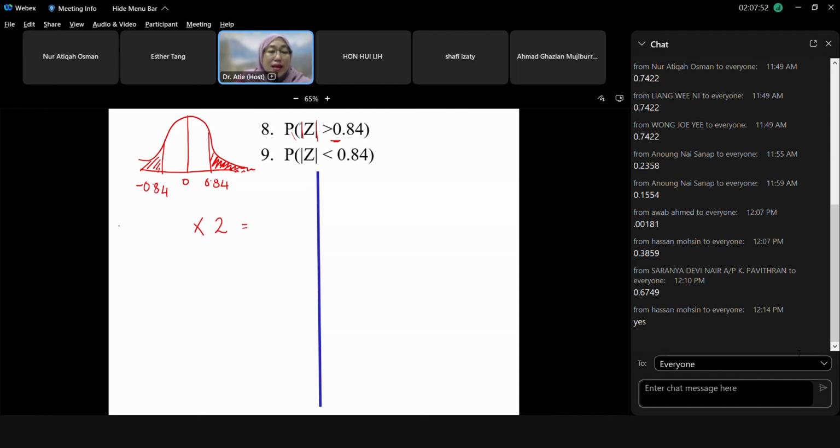So can I get what is actually 0.84, the area from the table? Rose Heiza, I'm not sure whether you are here or not. Shafa. Shafa.